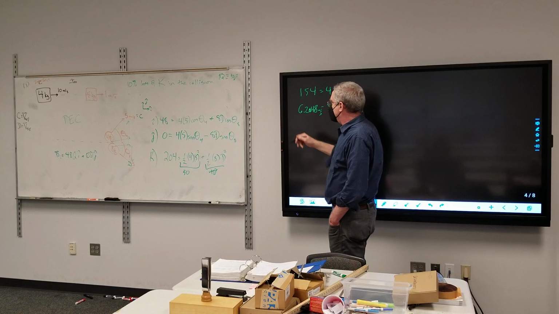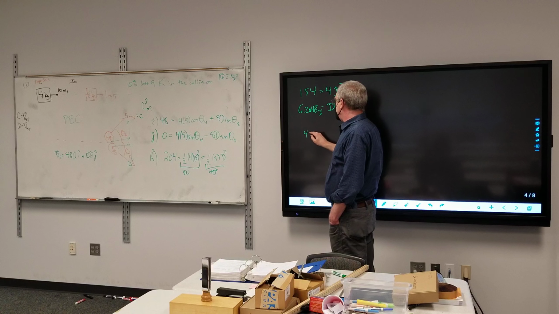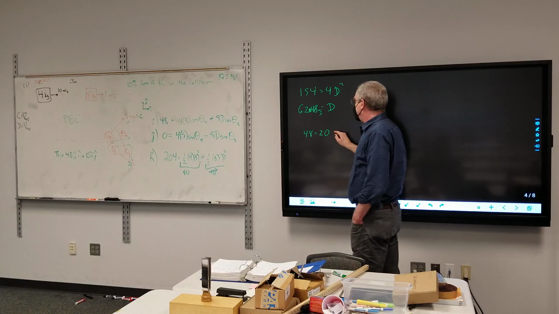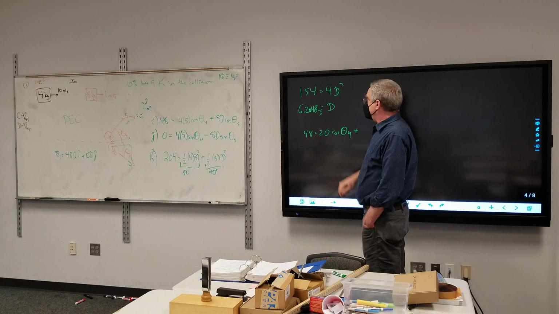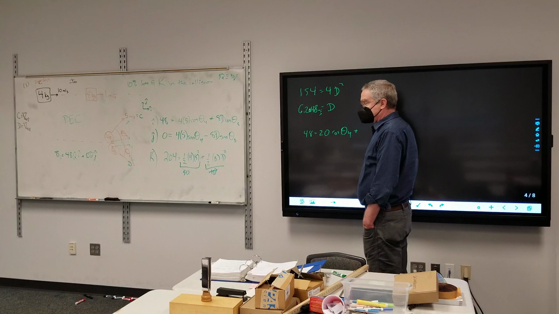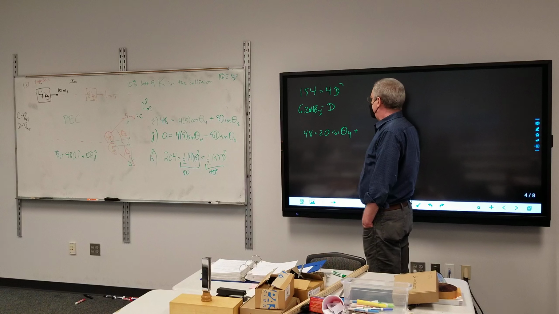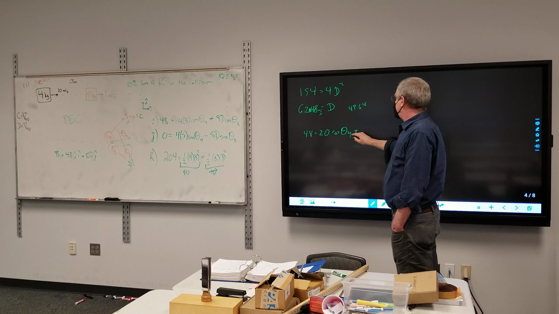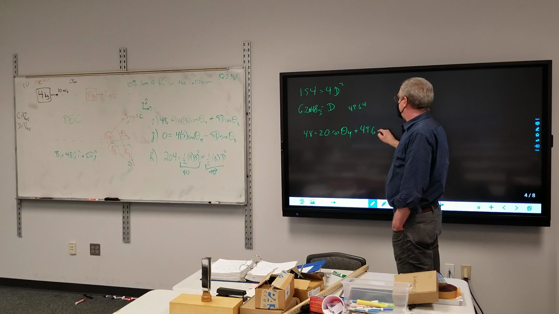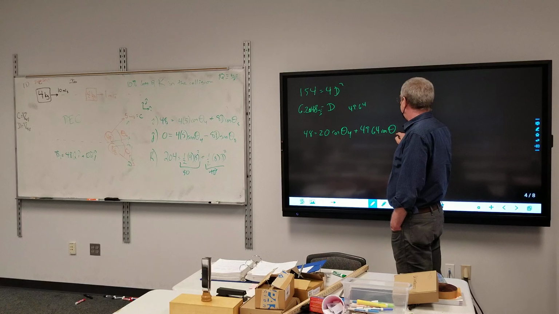All right, and so now if we plug that into the first equation, I got 48 is equal to 20 cosine of theta 4 plus 8 times that, which is somewhere around 49.6364, plus 49.64 cosine theta 8.